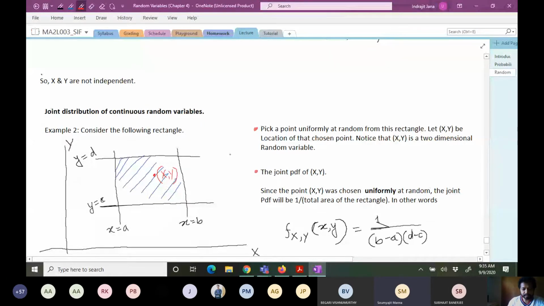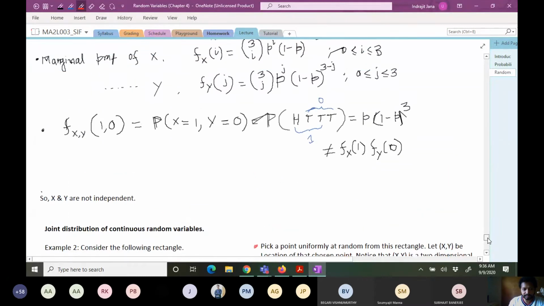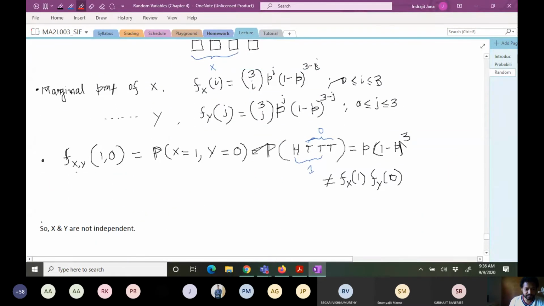See, I think there's a basic confusion here. When you are talking about a probability density function, this density function doesn't represent the probability of getting a point at that location. It is a density function, right? Do you recall the difference between continuous and discrete random variables? In a discrete random variable, f_XY(1,0) is the probability that x is equal to 1 and y is equal to 0.